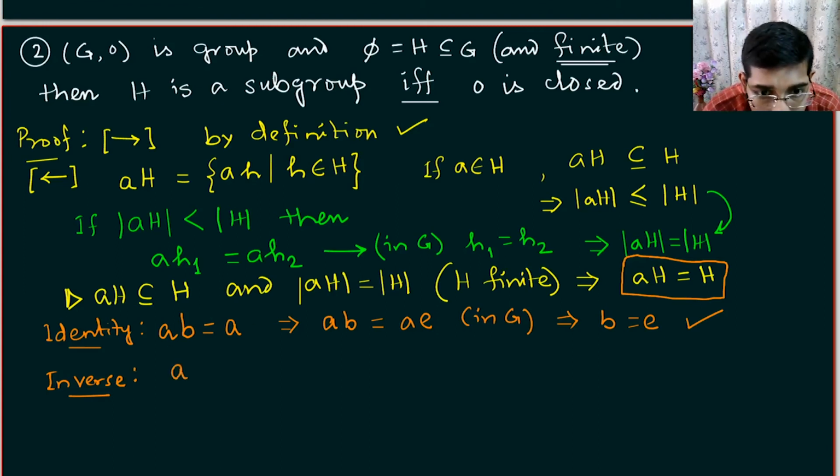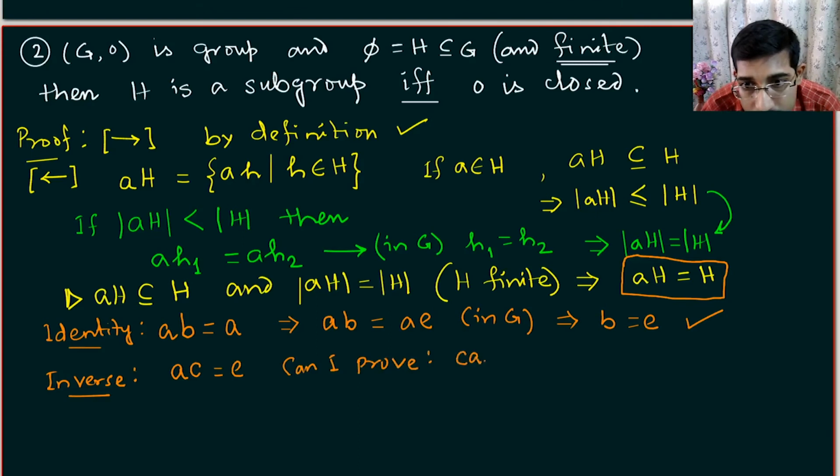So for an A, I assume there is an element C which will produce in this set the element E. Now for C to be the inverse, the side that is missing is that, can I prove CA is also equal to E?